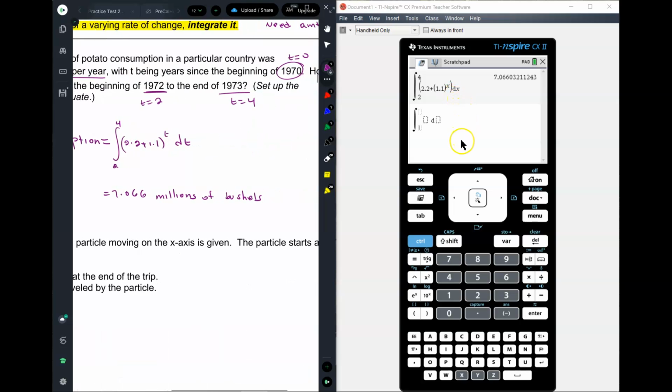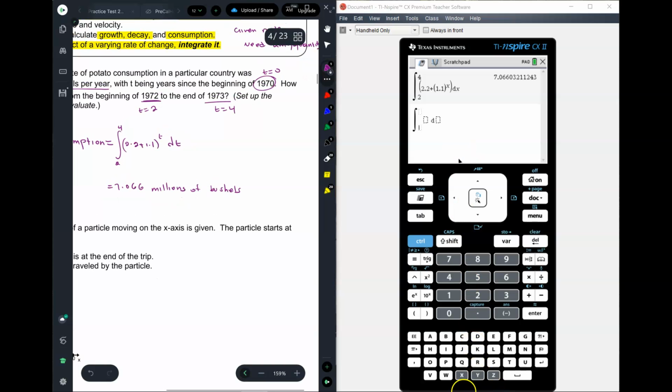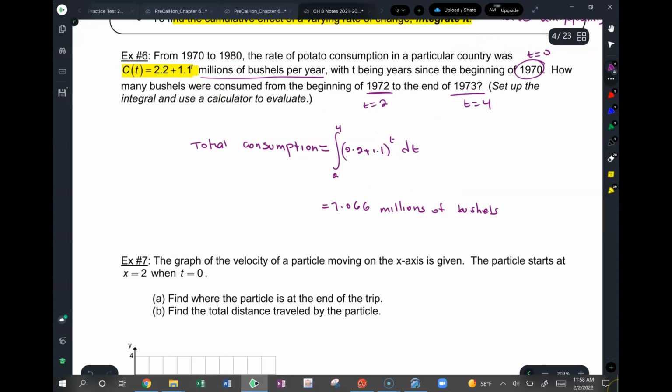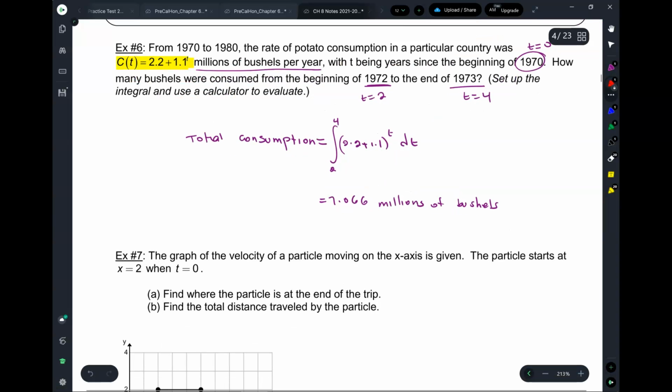No. Okay. So now, what were we given here? We were given a rate. Let's talk about units for a minute. We were given a rate in terms of millions of bushels per year, so the unit here is millions of bushels per year.